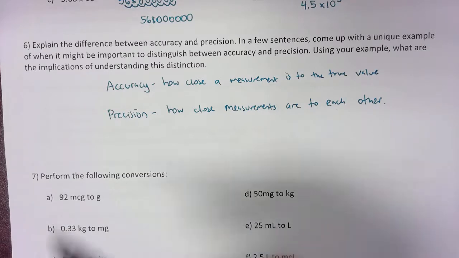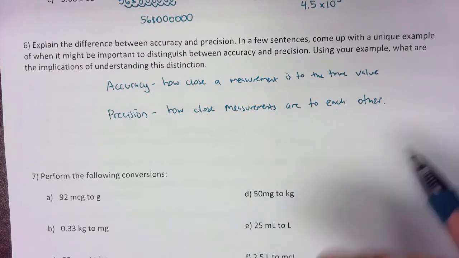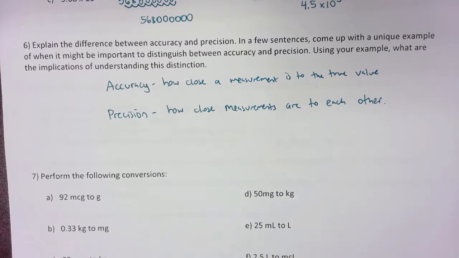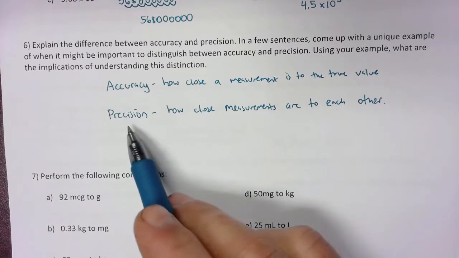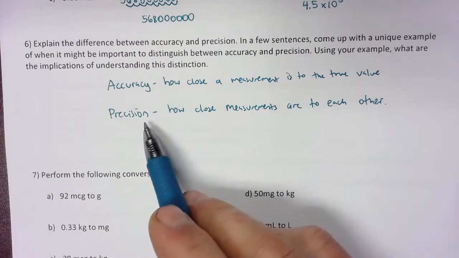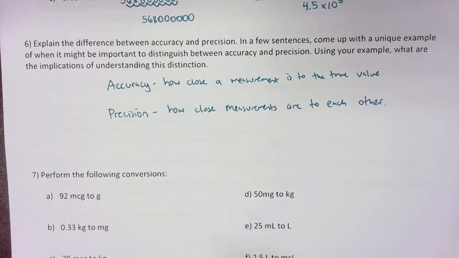And hopefully your number is accurate if you did it 3 times. There'd be no way to know that without actually knowing how many people are in the room, but the point is you want your measurement tool to be very precise. You want it to be repeatable. You want the measurement to have good repetition.